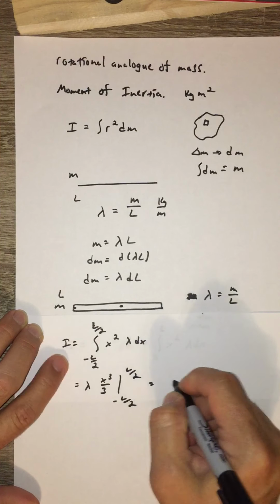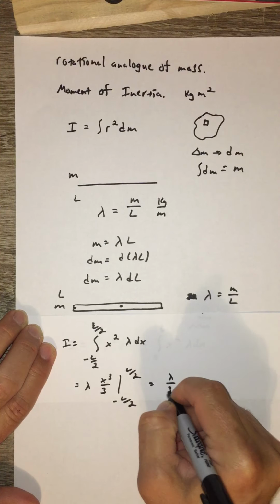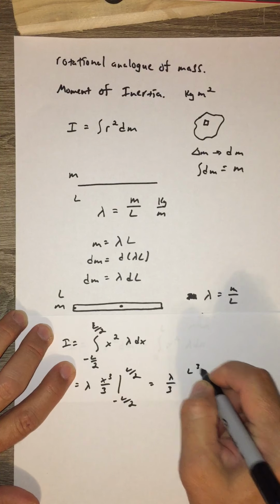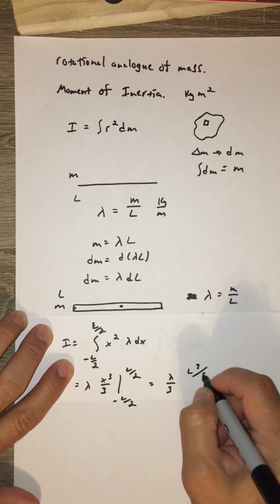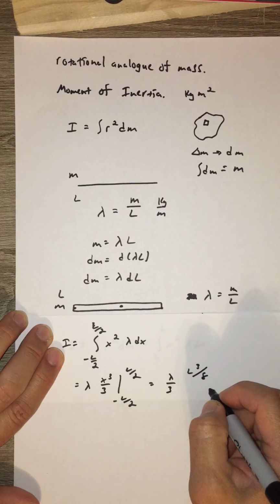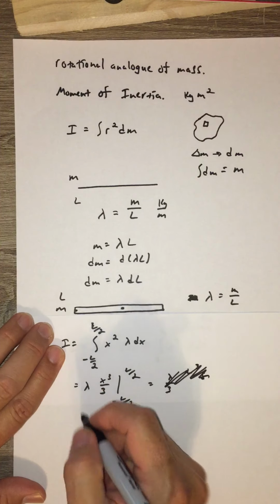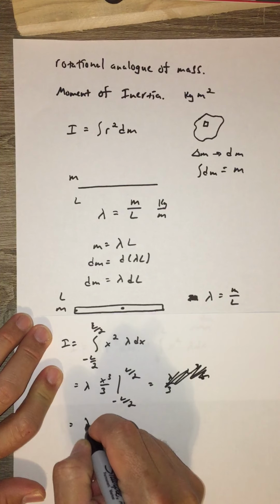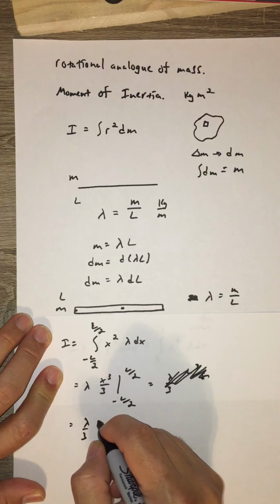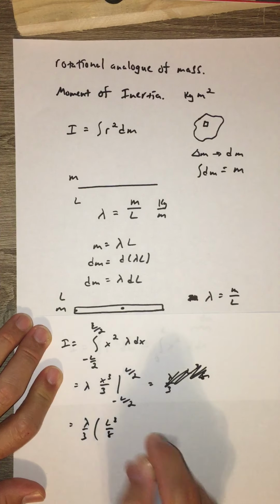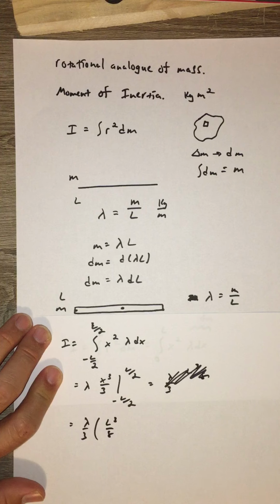So it looks like I'm going to pull this out, lambda over 3, and that's going to be L cubed over 8. Not sure why I wrote that up there. Let me do that a little bit cleaner. I'm going to get lambda over 3 times L cubed over 8, and then minus L over 2 cubed gets me minus L cubed over 8.